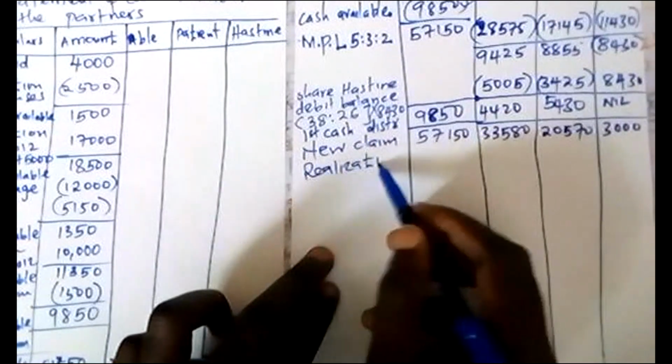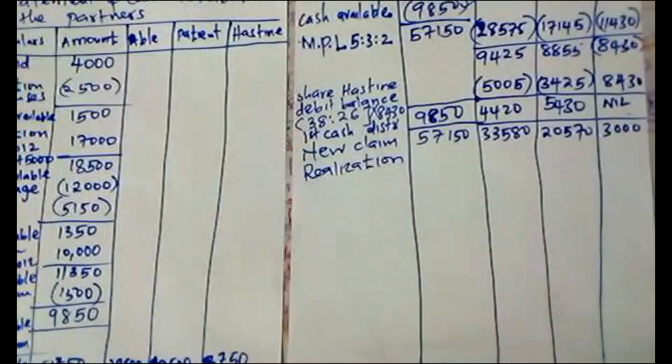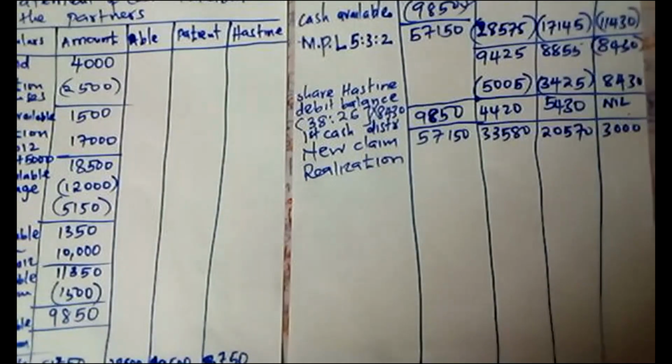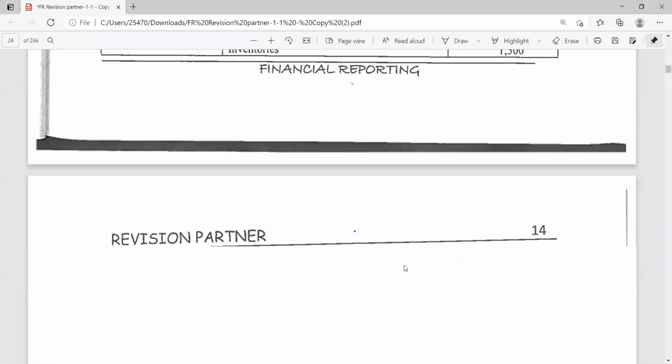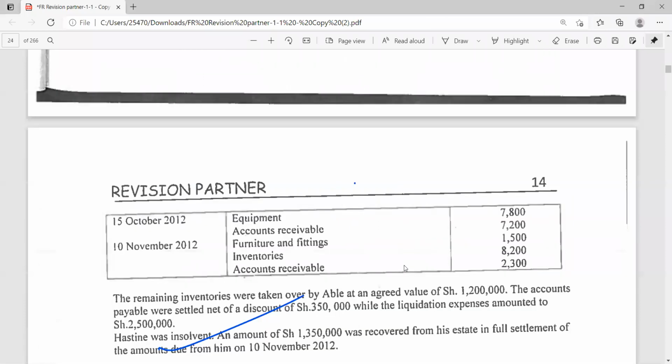So now the liquidator will sell other assets so that they get money to distribute to these partners. Remember that we had considered realization up to 30th September. So we move to the next date of realization, 15 October.